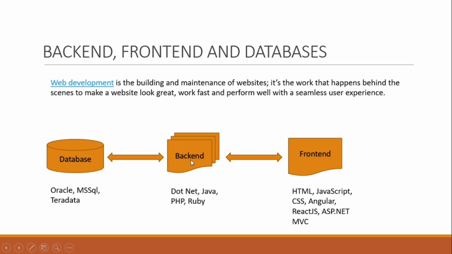The backend could be anything like .NET, Java, PHP, Ruby, any backend technology which is responsible for communicating with the databases or backend services. The backend is connected to the databases in the same way. The database can also be developed in different languages. We have Oracle, MS SQL, and Teradata.